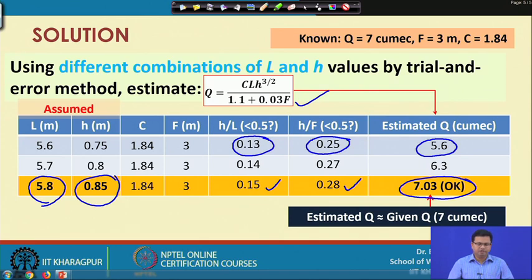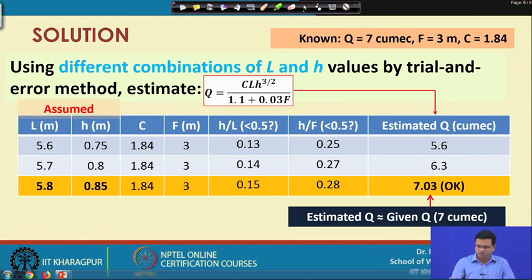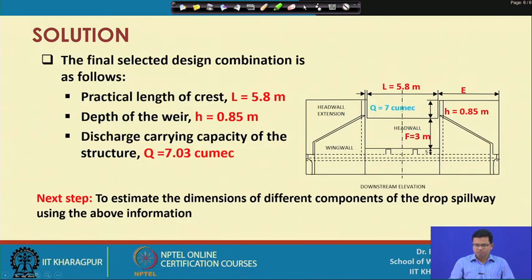So, from this table I can estimate that the value of L equal to 5.8 meter, h, the depth of weir, is 0.85 meter, and the design Q is 7.03 cubic meters per second. Now, by using these values I have to go for the computation of different components.